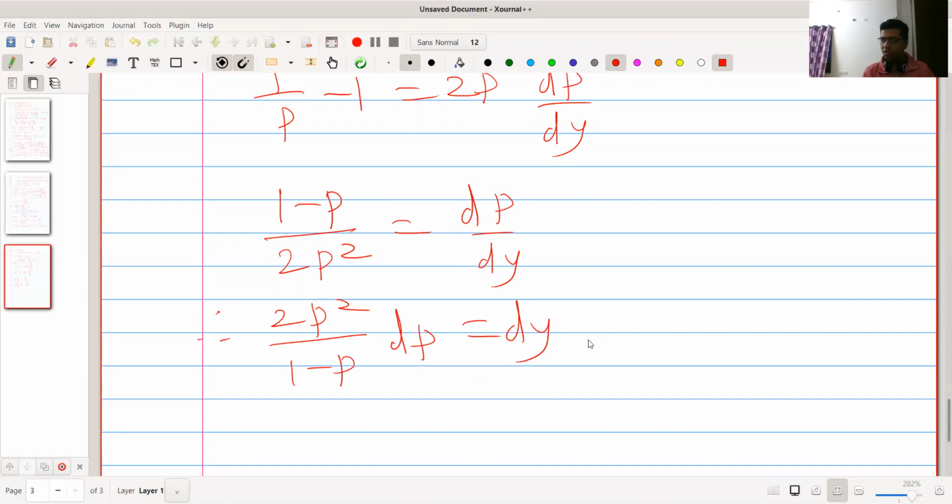So we solve this differential equation. The details of finding the integration of p square upon 1 minus p are given in the notes.